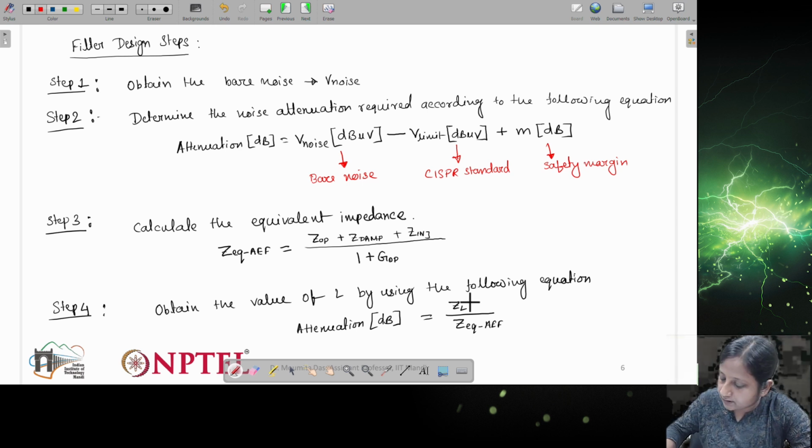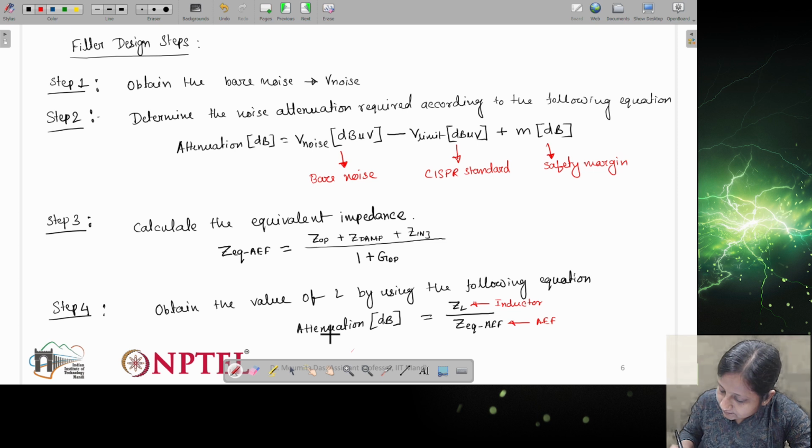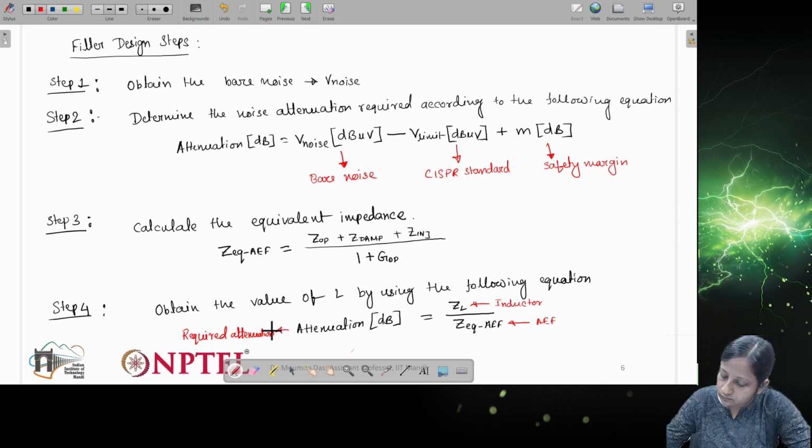So this part gives the inductor component, this part comes from the active EMI filter, and this is the required attenuation. We know the value of the required attenuation, so from there we can find out the inductor and AEF. Then we can provide the required filter by using the active EMI filter.